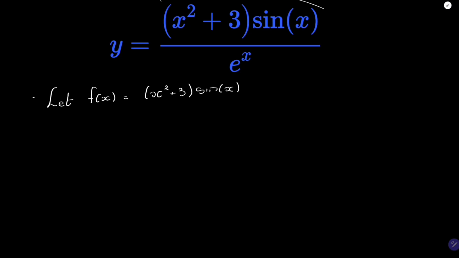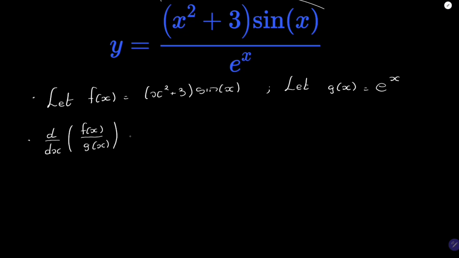And we're going to call our denominator function g of x. Let g of x be the function e to the x. Recalling our quotient rule, it states that the derivative with respect to x of any function of the form f of x on g of x is bottom d top minus top d bottom all over bottom squared.